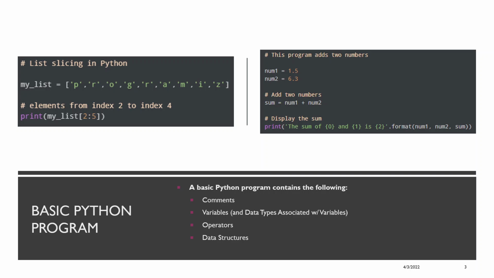So here's the basics. A basic Python program has the following. We've got comments, which you've seen already, variables, which you've also seen already in the idea of a simple hello world program that we had created in the last learning activity, the 0-0 learning activity, just getting started. And then there's operators, which are these things that you see here, this equal sign.